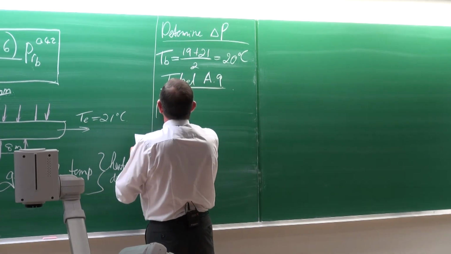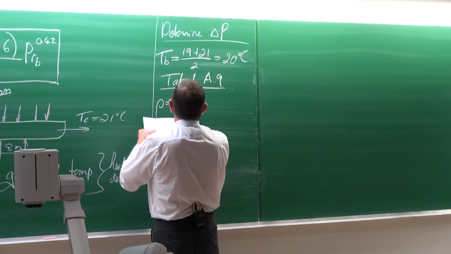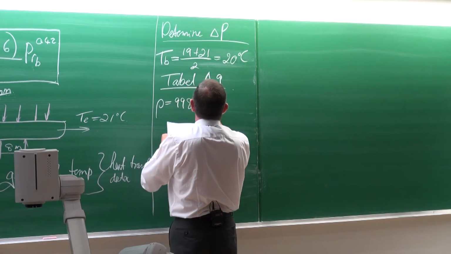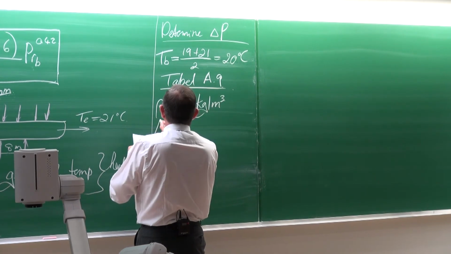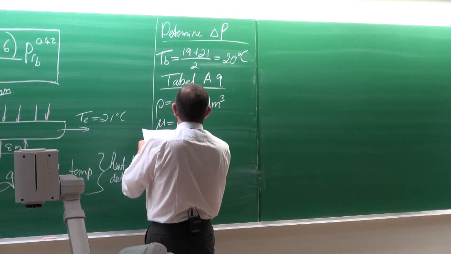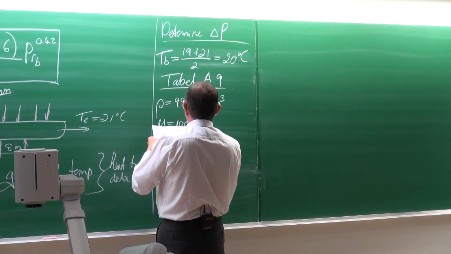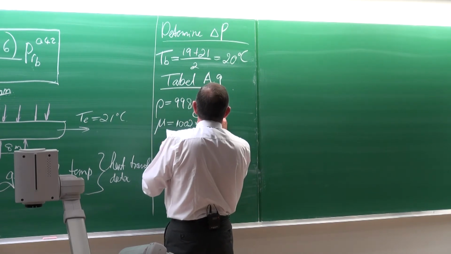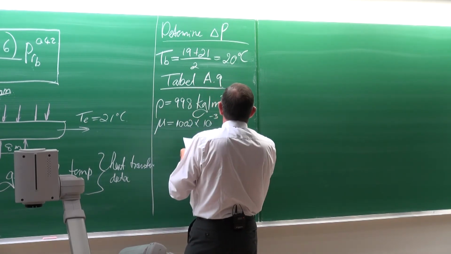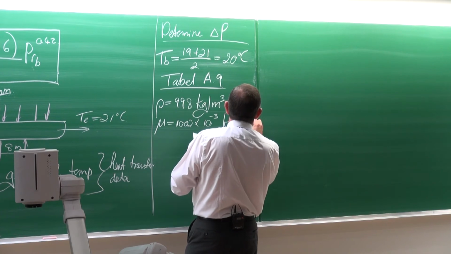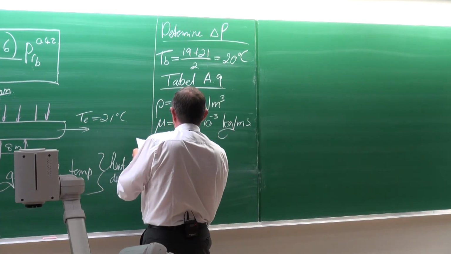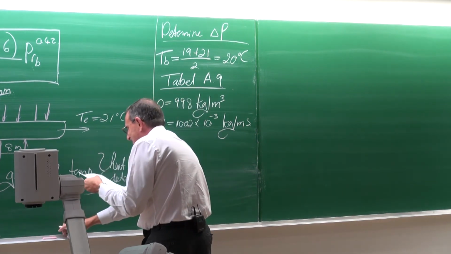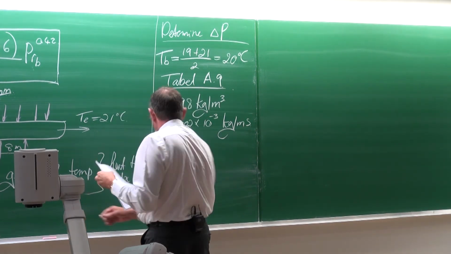you can determine that the density at 20 degrees Celsius is 998 kilograms per cubic meter. The viscosity is equal to 1002 multiplied by 10 to the minus 3 kilograms per meter second. The Prandtl number is equal to 7.01.